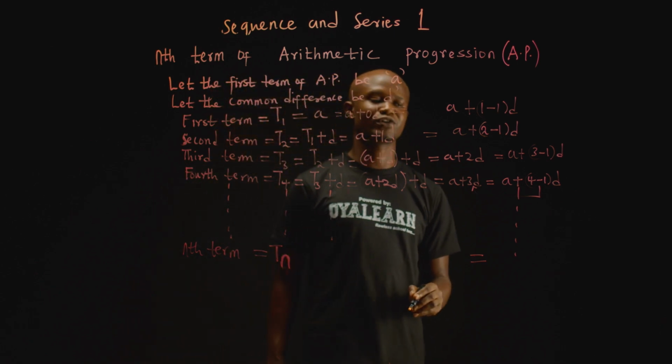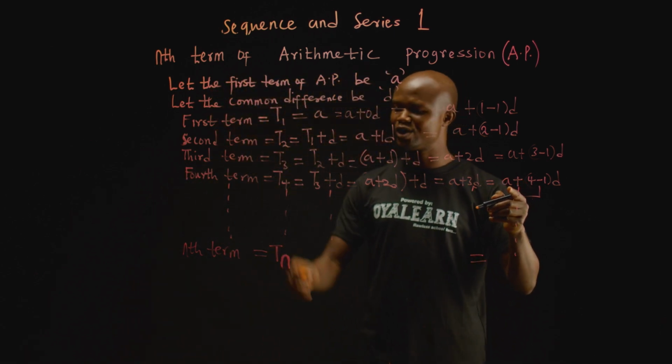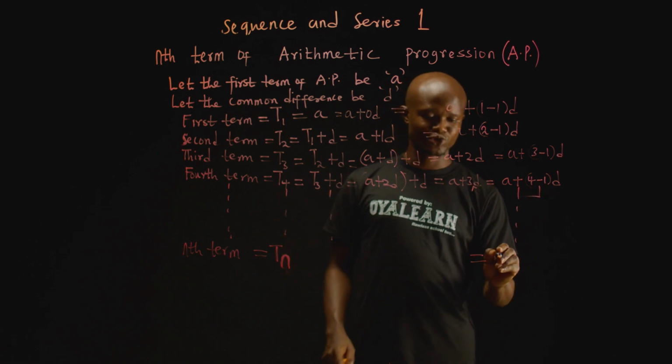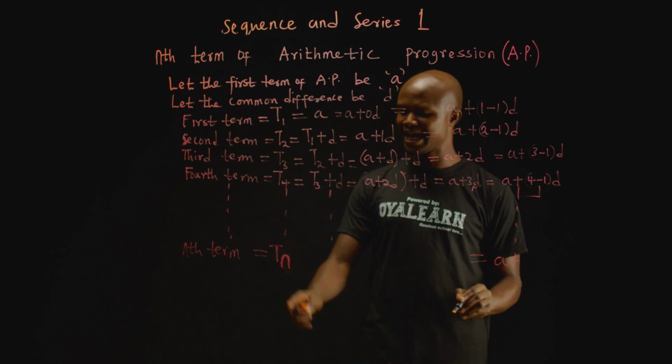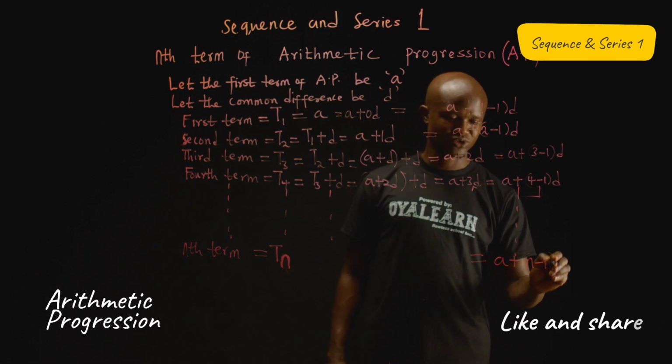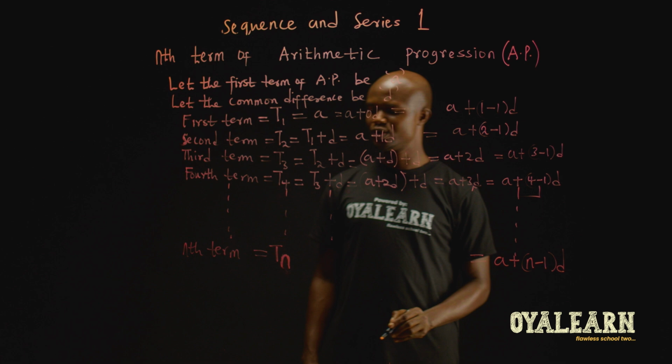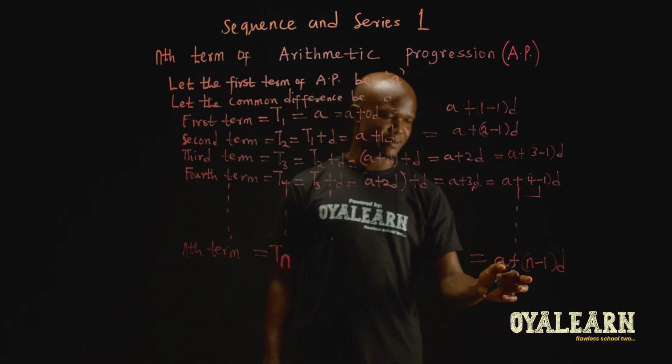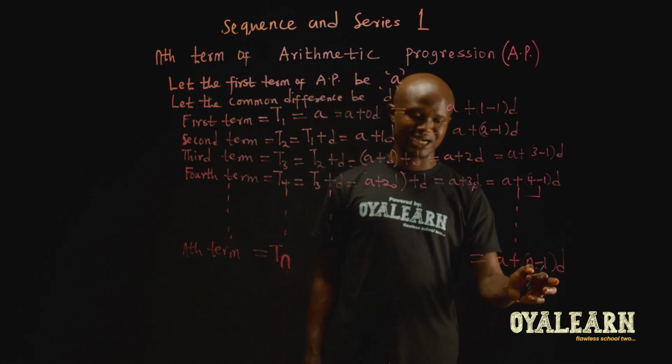So Tn will give us what? Based on what we have here, when you have 4 here, you have 4 minus 1. So if you have n here, we are going to have n minus 1 D. So it means that Tn equals A plus n minus 1 D.